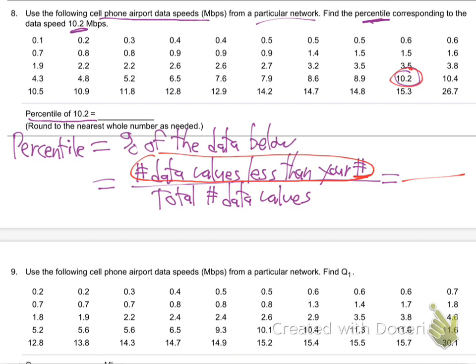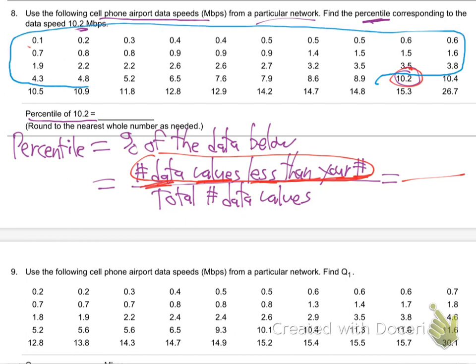So how many data values in this list? Notice this list goes from the lowest number here to the highest number there, right? It's going in order. So what is the number of data values that are less than our number? In other words, how many are all these? Because all these numbers are less than 10.2, aren't they?